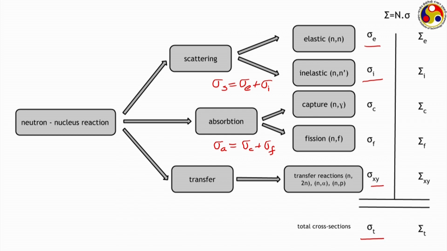But generally what we find is that the values of all these cross sections vary strongly with the kinetic energy of the neutron itself, and while at certain energy levels, say the capture cross section is more dominant, at certain other energy levels the fission one may be more dominant, and at certain other energy levels, particularly for fast neutrons, the elastic scattering one may be the most dominant one.